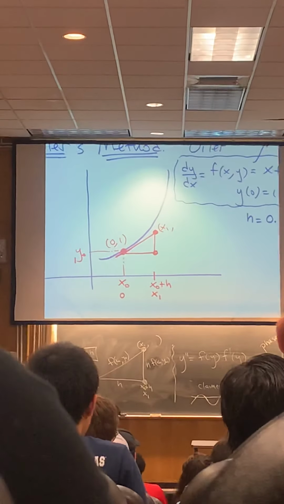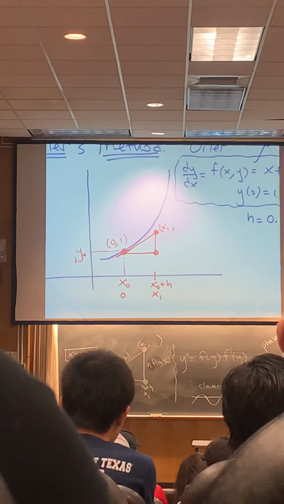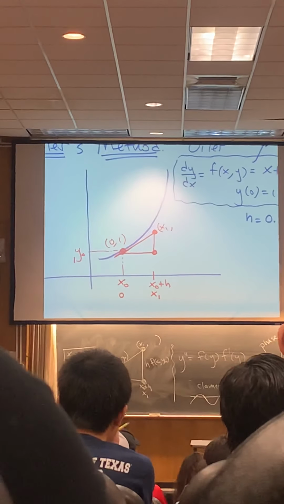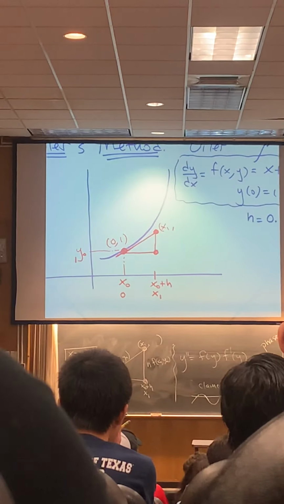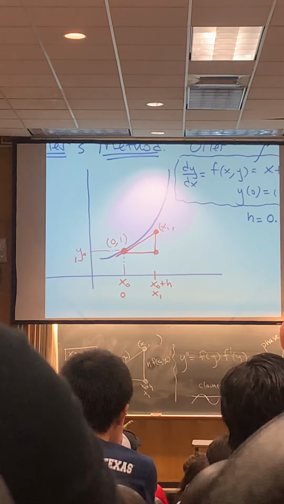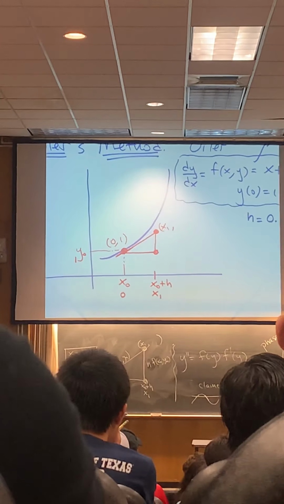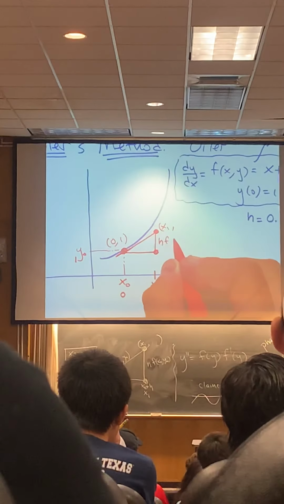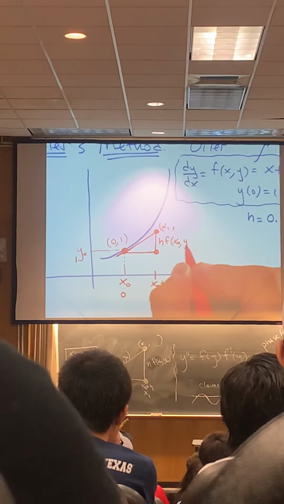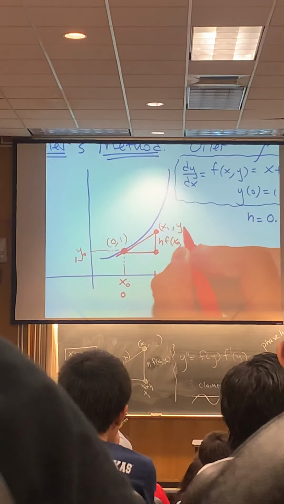My y1 will be the sum of the two heights. One that I already have, which is the y naught. The other one is the h, f of x naught, y naught. So that will be my y1.